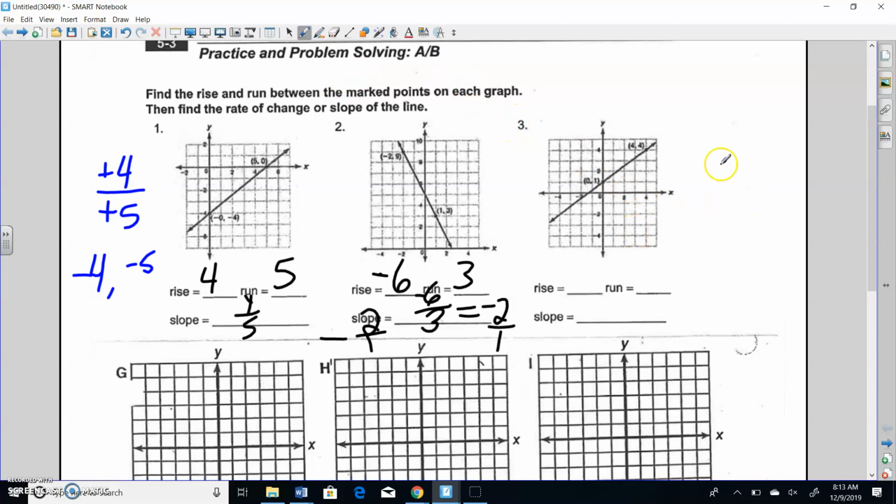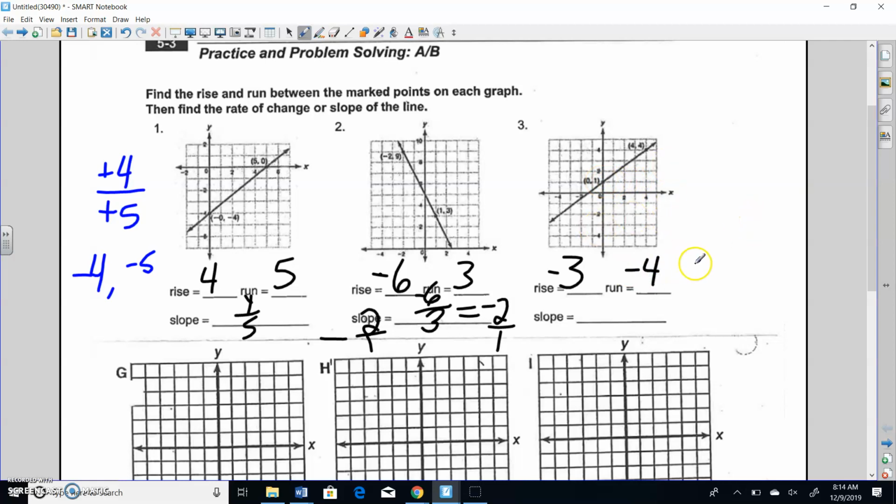All right, number 3, we are starting at this point, going to that point. Actually, let's start at the right and go to the left. So from this point, I have to go down how many units? 1, 2, 3 units. So down means -3. And then once I'm on the horizontal here, I'm going to go left 1, 2, 3, 4, left 4.